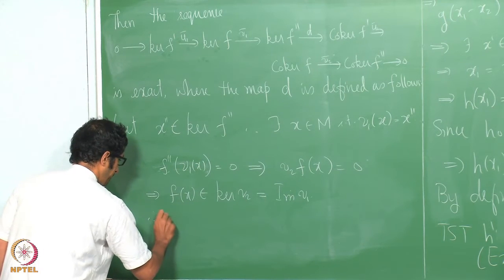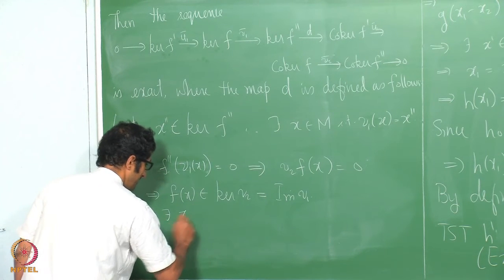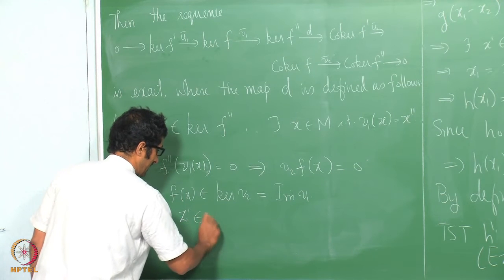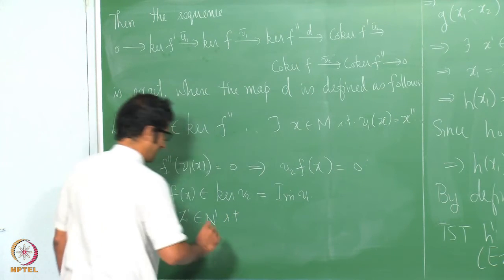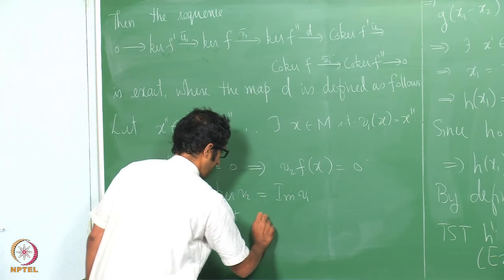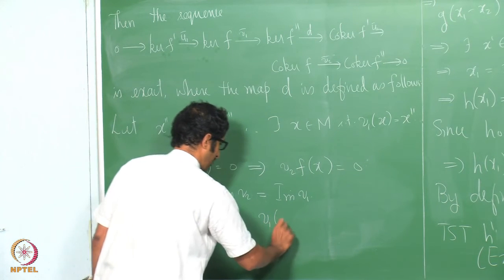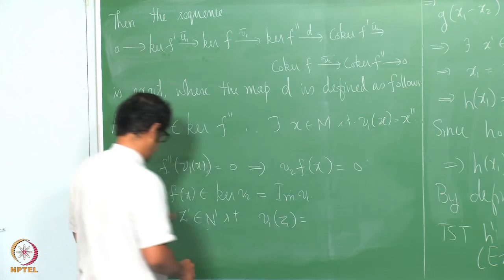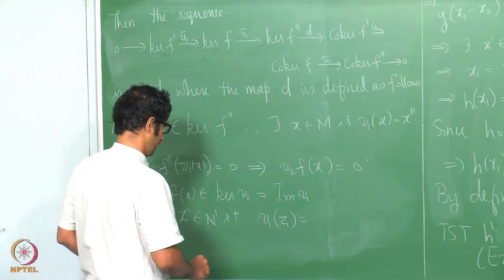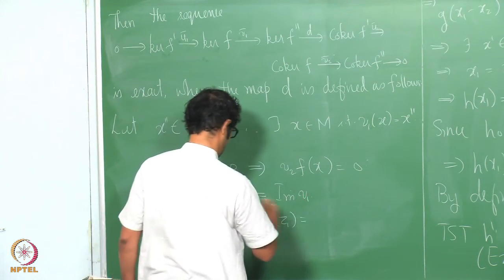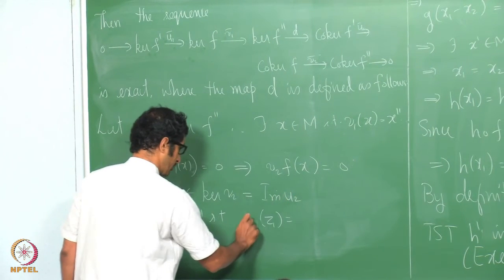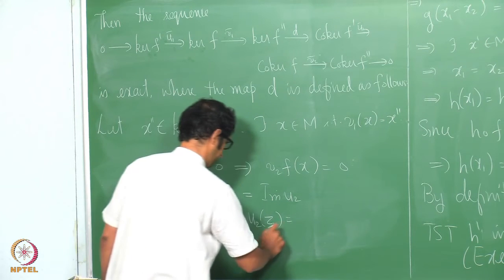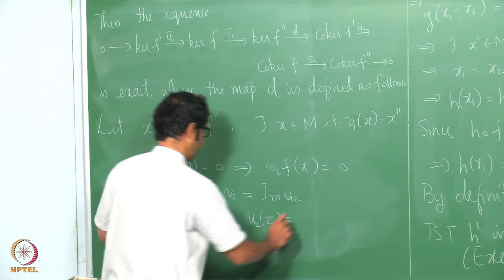Therefore, there exists some z prime in n prime such that u2 of z prime is f of x.